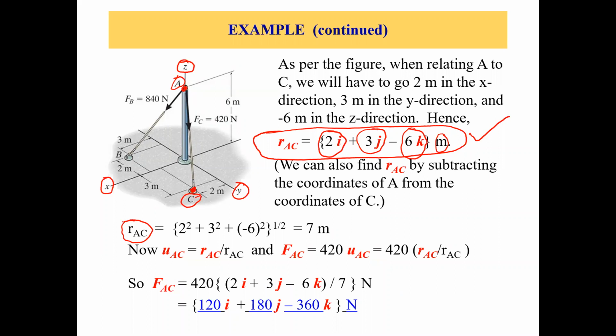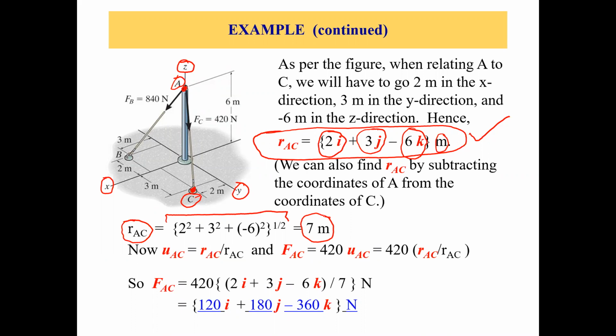How do we get the magnitude? The square root of X squared plus Y squared plus Z squared. So 2 squared plus 3 squared plus negative 6 squared, whole square root, gives 7 meters as the magnitude of this position vector.